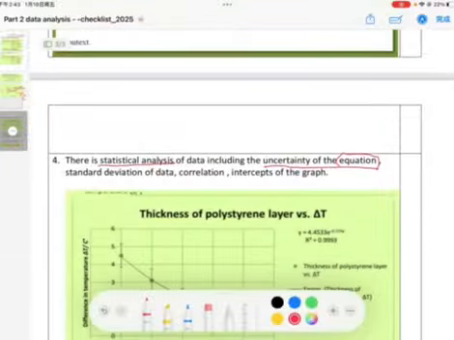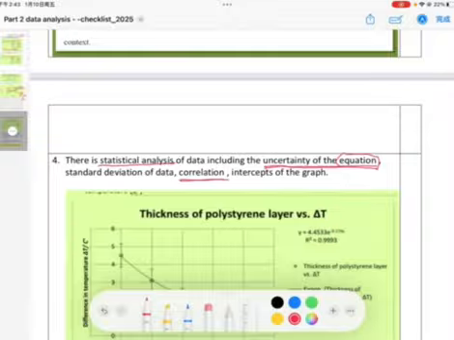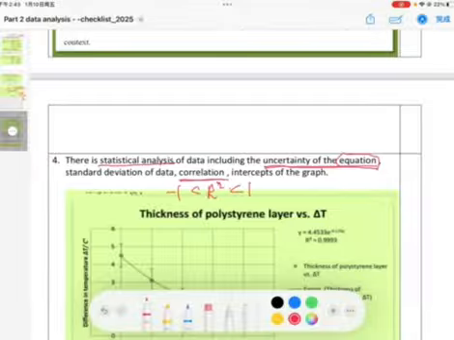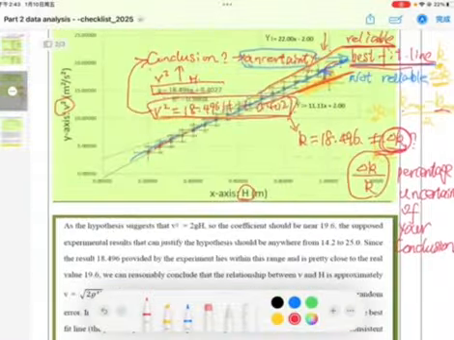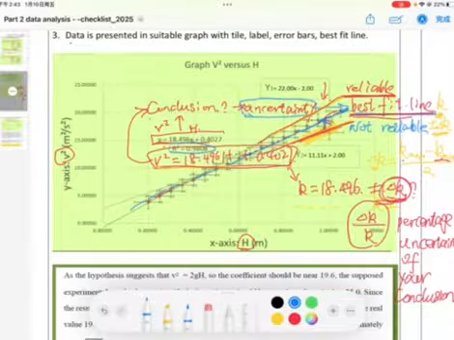So that's the uncertainty of the equation. Correlation is also important because correlation indicates how the two variables are related. If they are closely related, its value is between -1 and 1. And once you have your Excel graph, you can see over here there is a correlation, which I highlighted using the blue color.